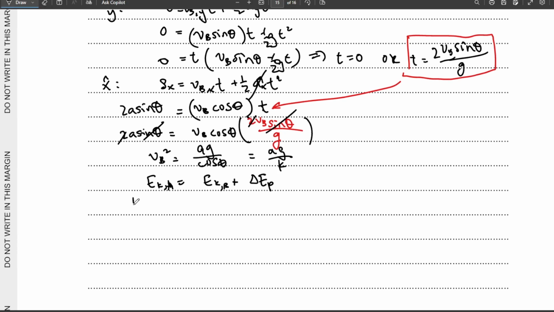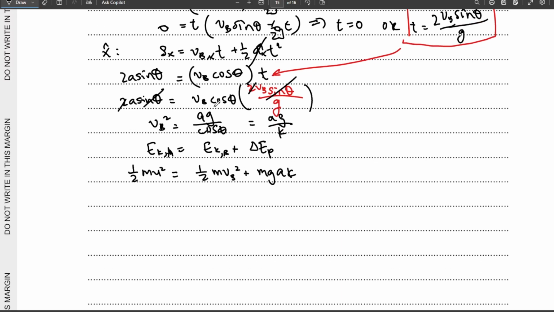So EKA, if you recall, that's half m u squared. EKB, that's half m vb squared. That's the kinetic energy at B. And the change of potential energy, mg delta H. Delta H is AK, from just now.